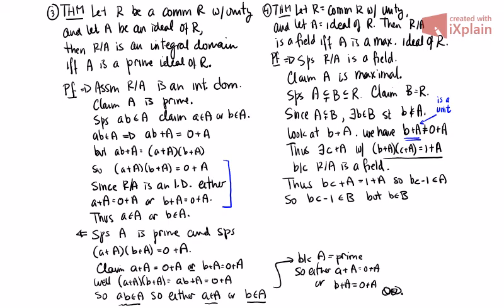So b is in B, so bc is in B because B is an ideal.